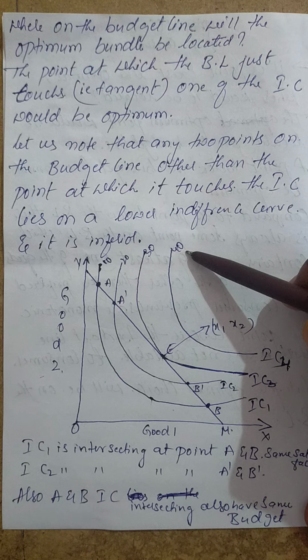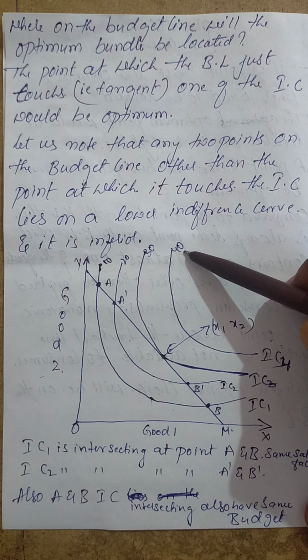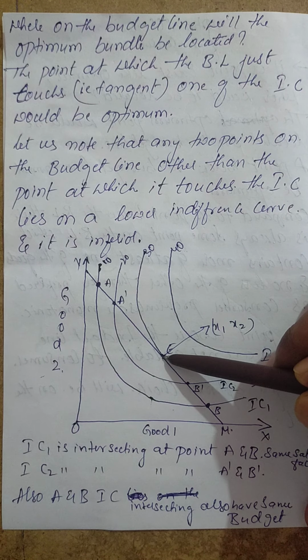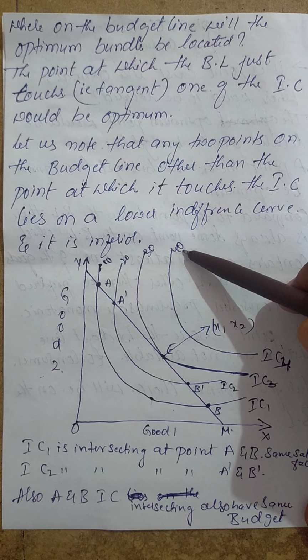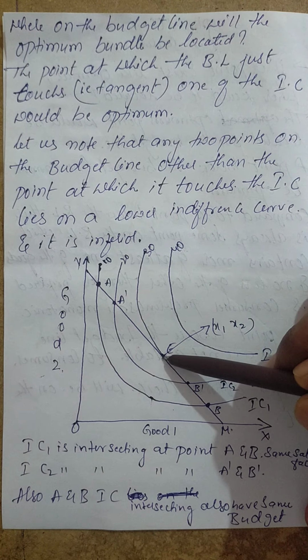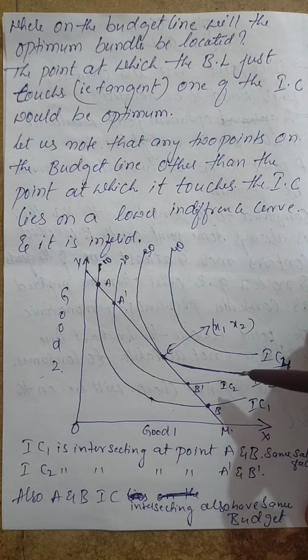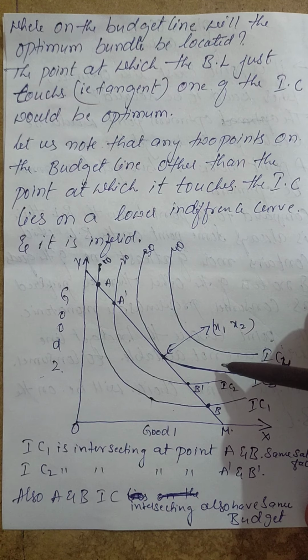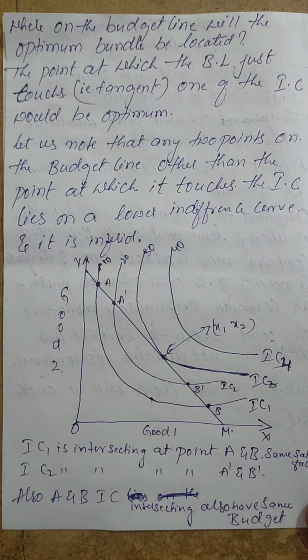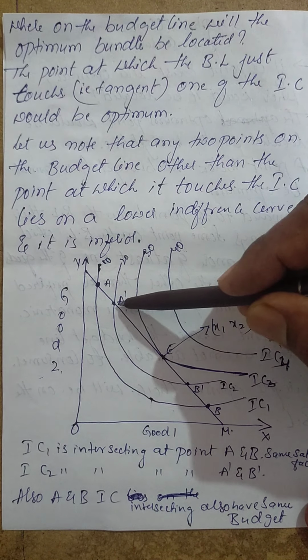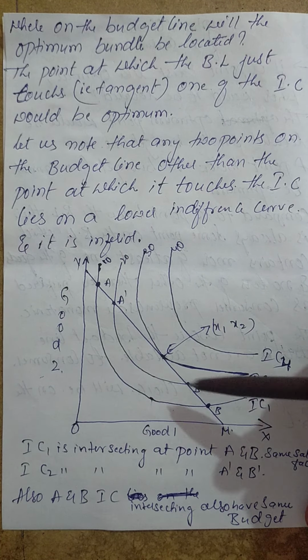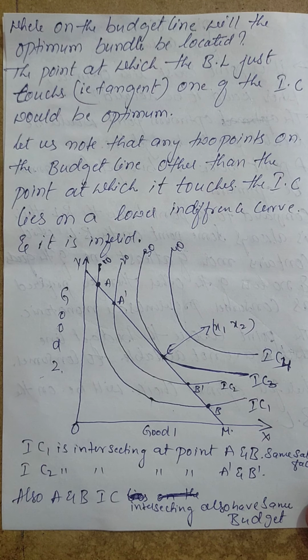But his income is very low, so according to the indifference curve it is a point of greater satisfaction, but with the budget also there, it cannot happen. So let us consider these two points on the budget line, these two points also on the budget line, and this one single point on the budget line also.